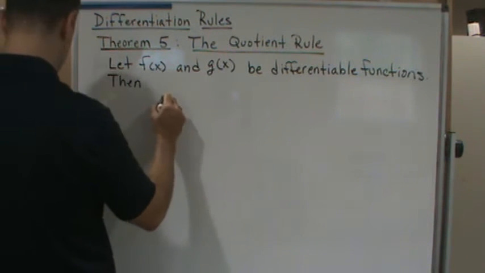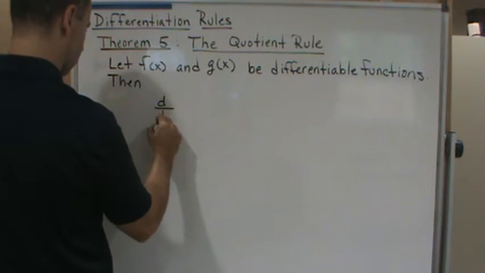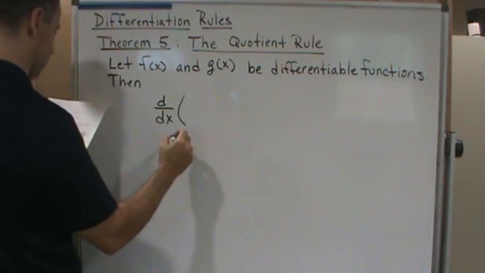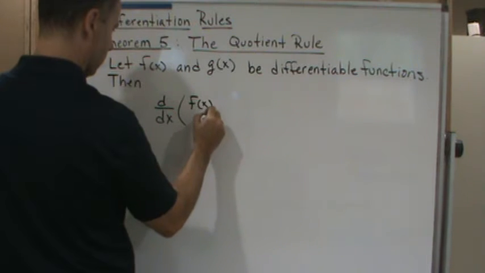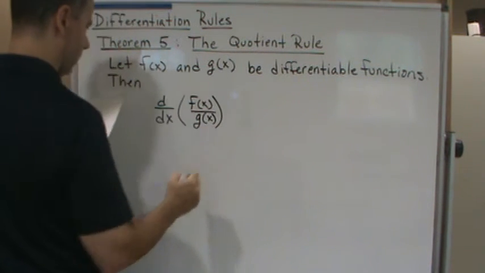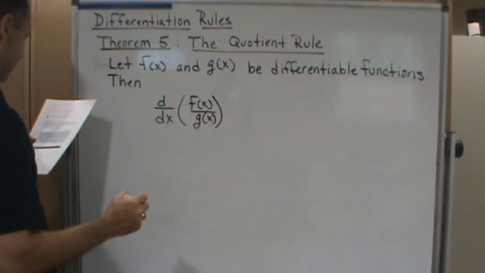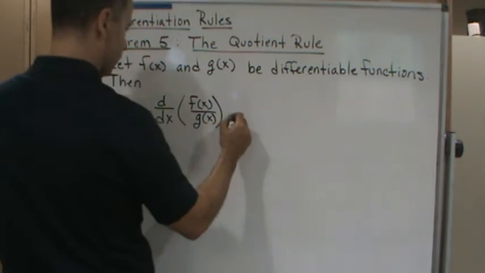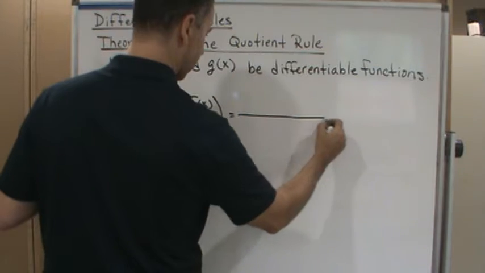We have the derivative of the quotient of f of x divided by g of x is going to equal this.